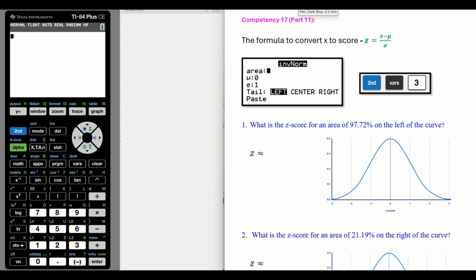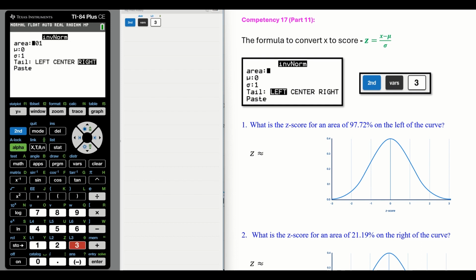Number one, what is the z-score for an area of 97.72 on the left of the curve? Even if it's on the left or right, as you investigate, you're going to realize what we're looking at. So here's what we need to do on our TI-84: second, vars, which we've worked with a lot.